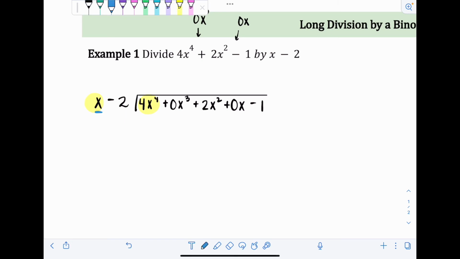The 2 just carries along and it just works out. So I would do 4x to the fourth divided by x, which is, this is like a 1x. So it'd be 4x cubed would be my quotient. So I'm getting that from 4 divided by 1 is 4, and then x to the fourth divided by x is x cubed.